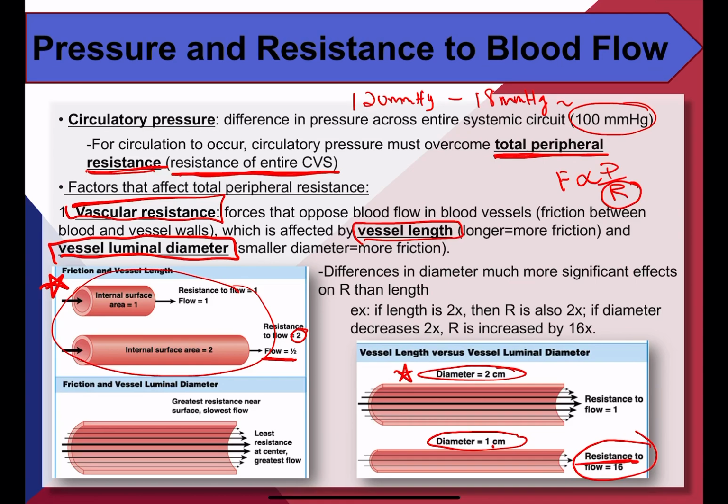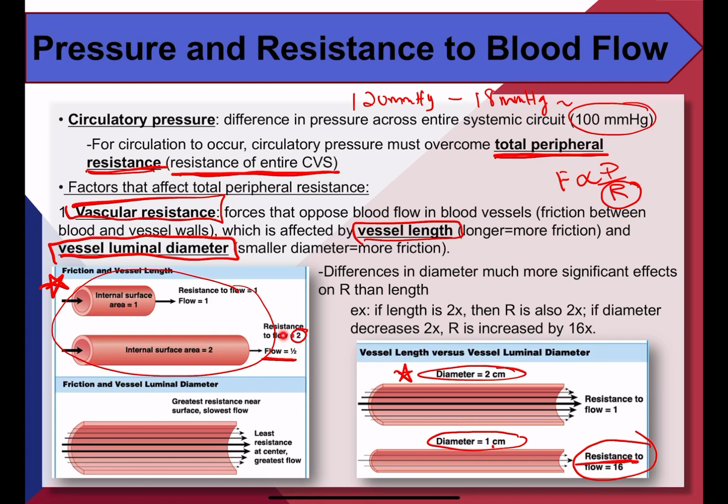Whereas if we're talking about blood vessel length, then we're talking about stretching our blood vessels or shortening our blood vessels. That doesn't sound very efficient, okay? So it's not only inefficient in terms of space because we can't expand any more than the area there is, but it also doesn't even result in a whole lot of change of resistance when you either double the length of the blood vessel or shorten it.